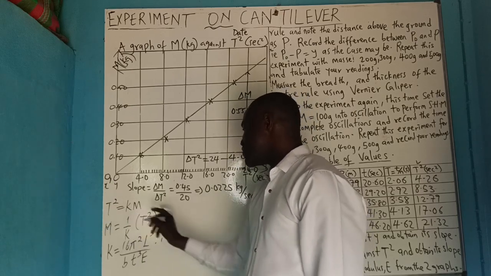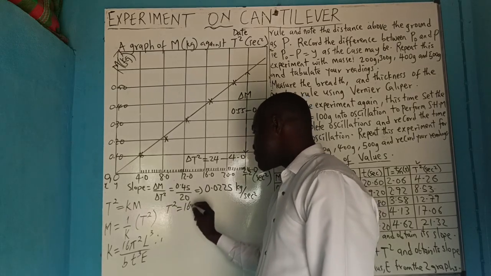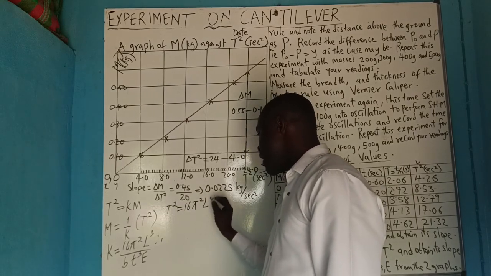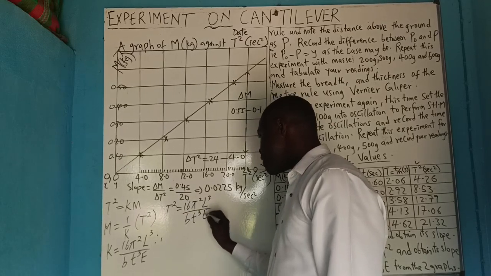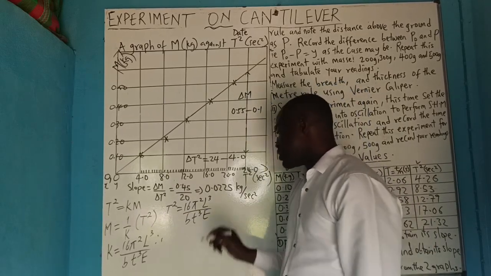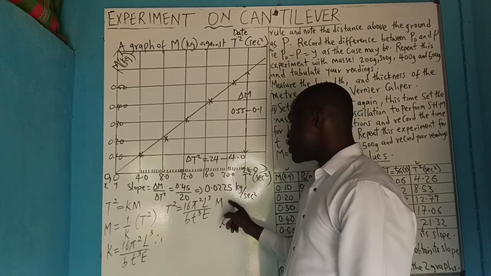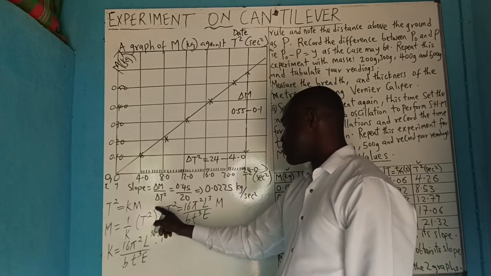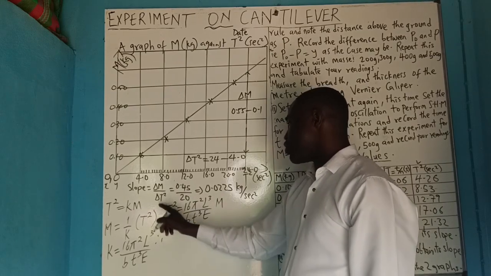Since t square is this, what will be your t square? T square will be equals to 16 pi square L cube all over bt cube E times m. Now making m subject of formula, this will go here.